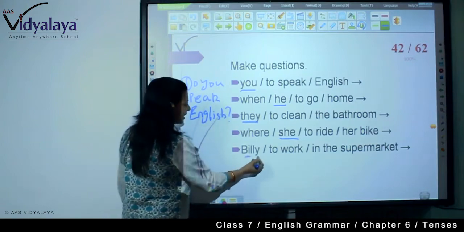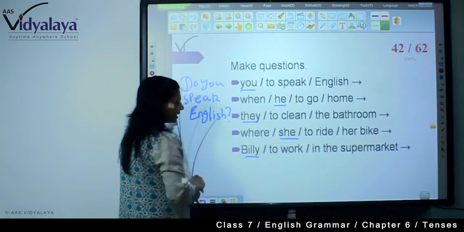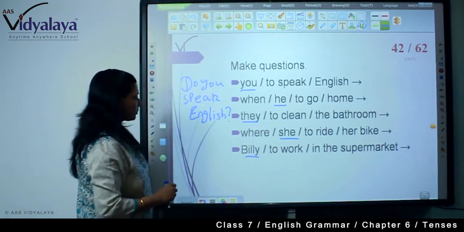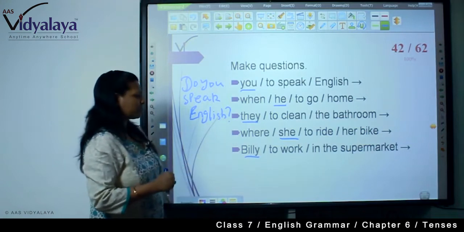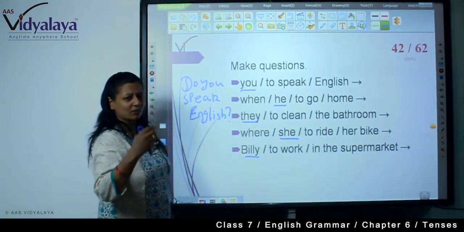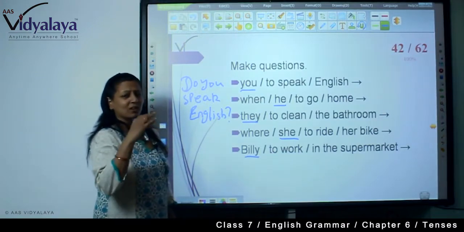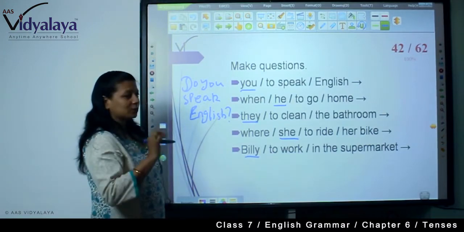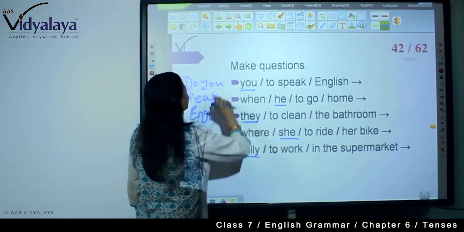Then Billy, again a singular person's name, to work in the supermarket. Now where does he, or when does Billy work in the supermarket? So you can add whatever you want, when, where, how, but you have to be very careful about do and does. So here it will be does.